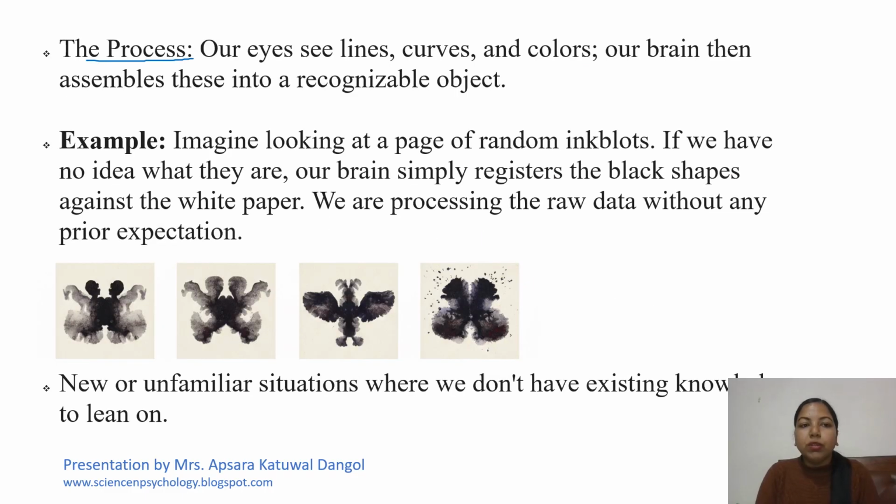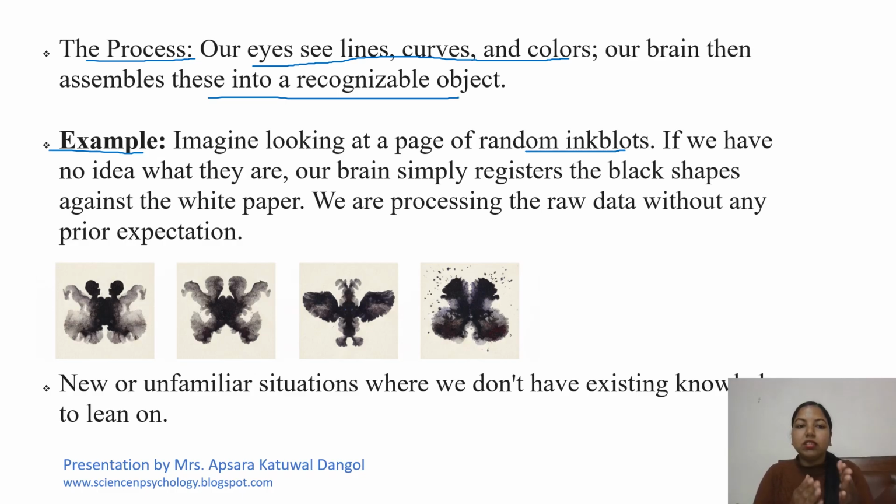So what process occurs? Firstly, our eyes see lines, curves and colors, and then our brain assembles these things into a recognizable object. Example: let us imagine a piece of random ink blots. I think you have also tried this when you were small and writing with a pen where you need to fill the ink.